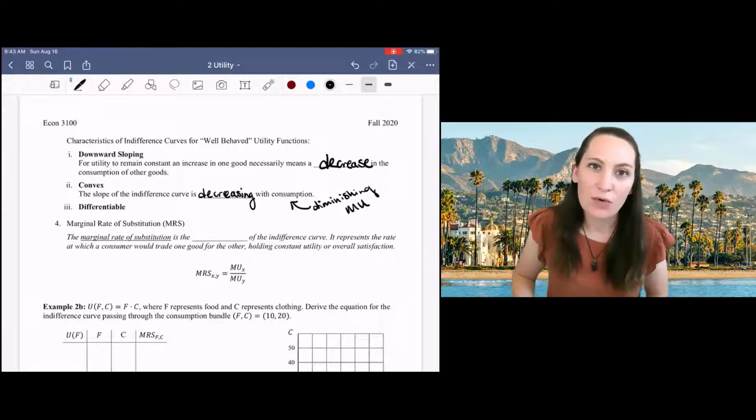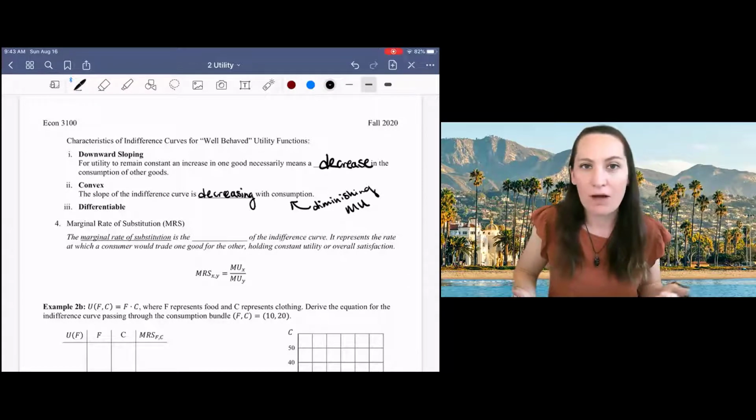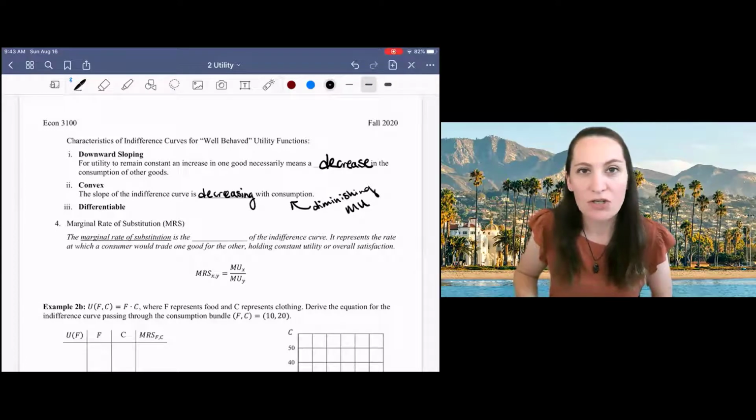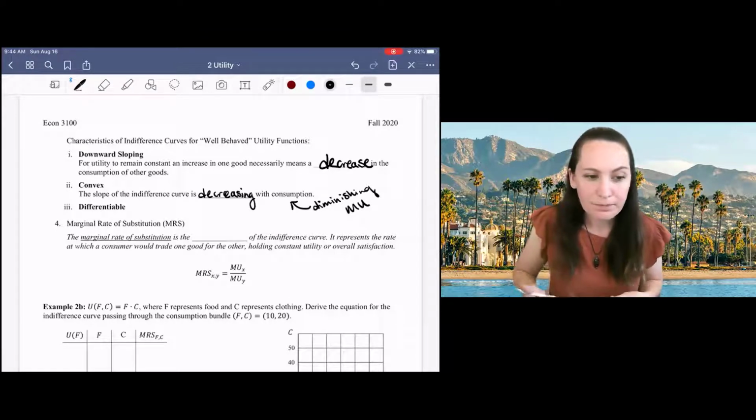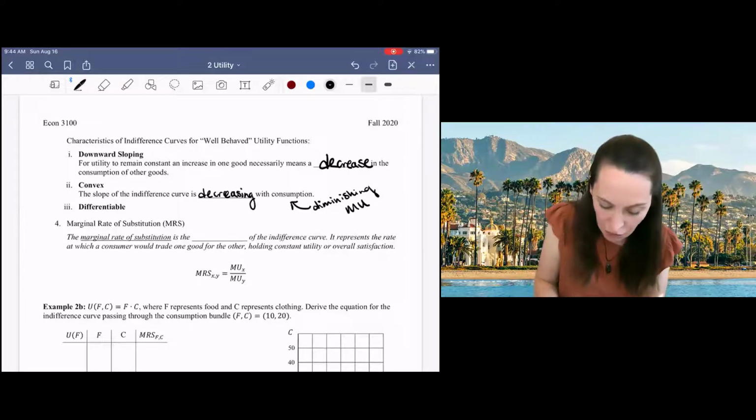All right, so the last thing that we want to do to describe our utility function is to calculate what's called the marginal rate of substitution. The marginal rate of substitution helps us define a little more concretely that trade-off between the x-axis good and the y-axis good, right? Our two consumption goods. So the marginal rate of substitution is the slope of the indifference curve.